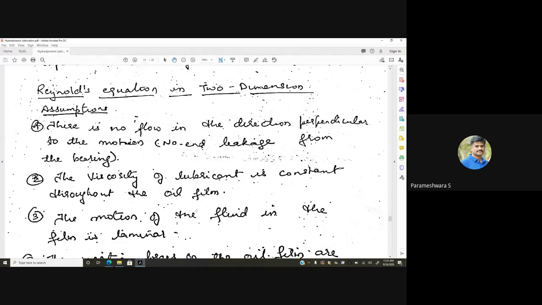Again, for this Reynolds equation, we need some assumptions, and it is very important to quote these assumptions during examination. What we observe as evaluators when we evaluate your answer scripts is that many of you directly jump into the derivation before quoting any assumptions made for the derivation.